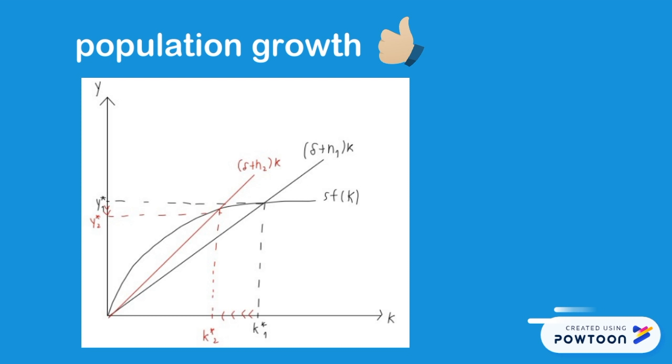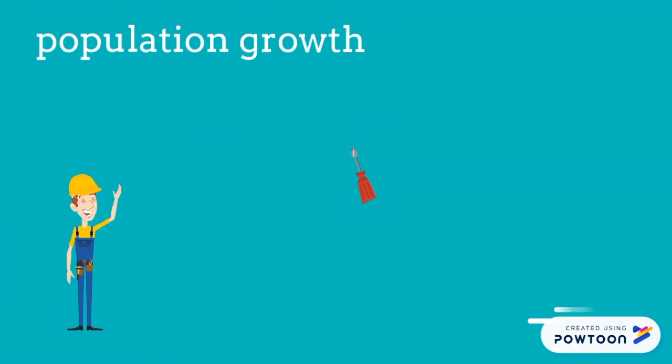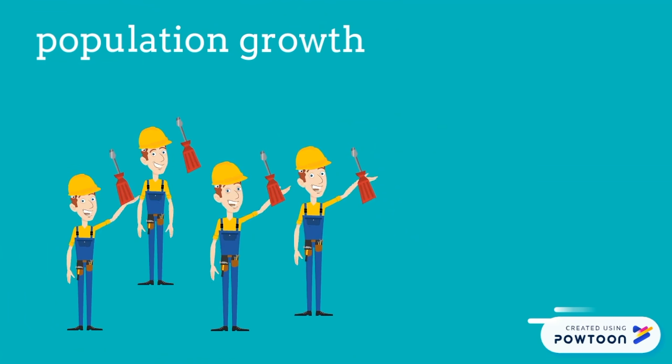If the population growth increases, this will shift (delta plus n)K upward from (delta plus n1)K to (delta plus n2)K. An increase in population growth will also cause the steady state capital per worker to be lower. Suppose we have 4 workers and each worker has 1 screwdriver.